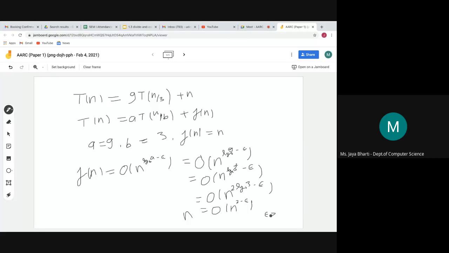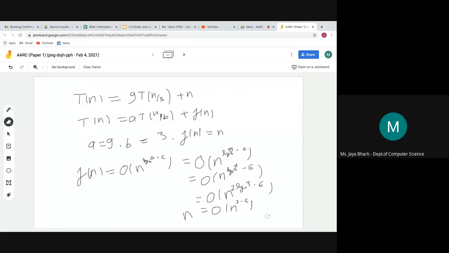It could range from 0.1 to 0.9, because if we go higher than that, these two will be equal.